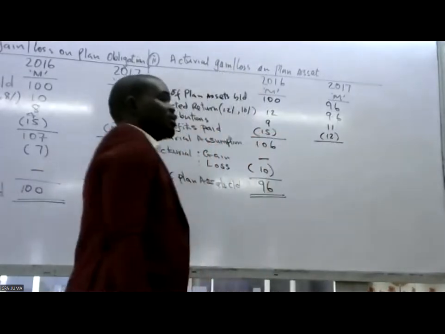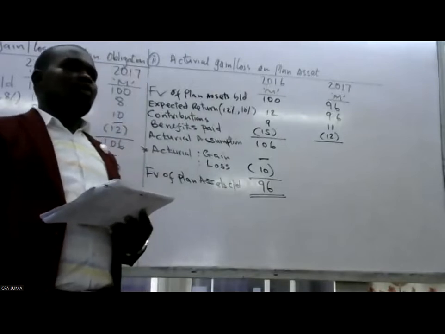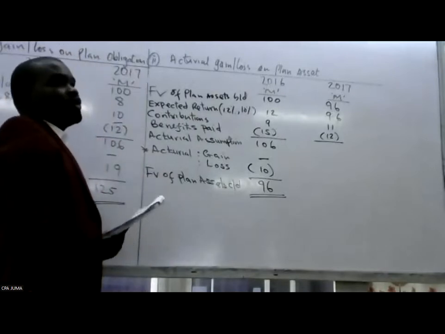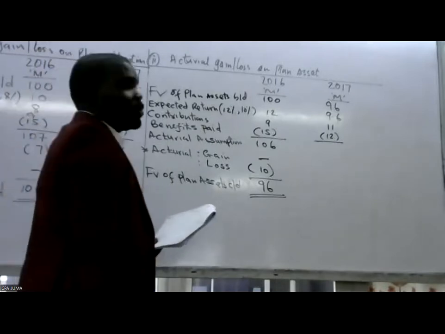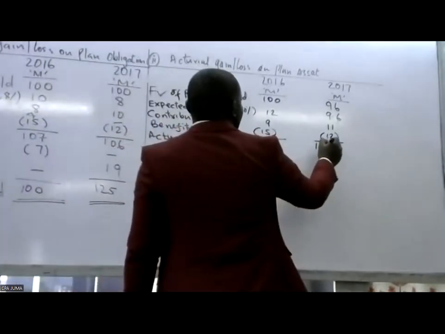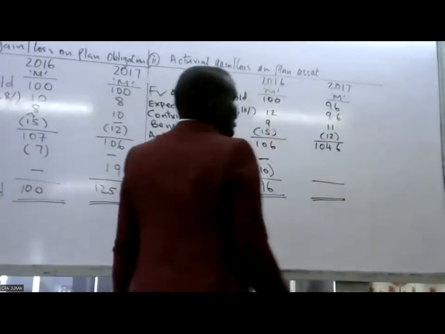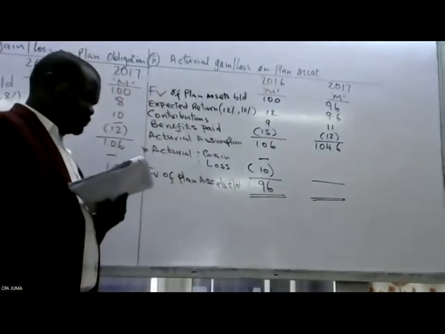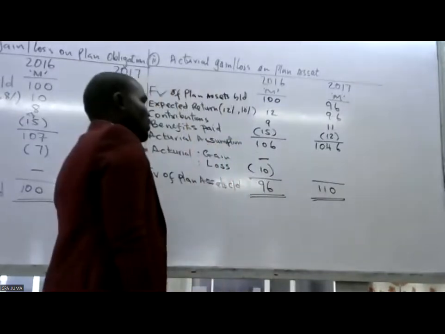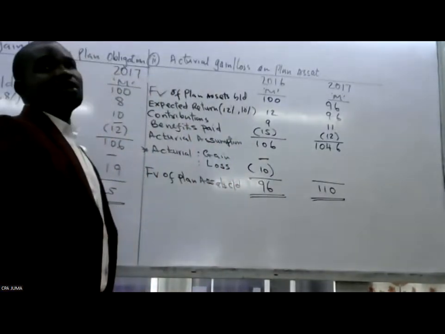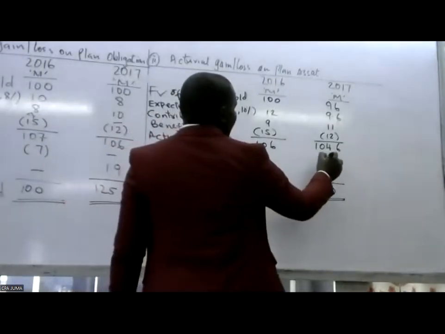How much? 104.6. Actual outcome, 110. Have we lost or have we gained? We have gained. How much? 5.4.